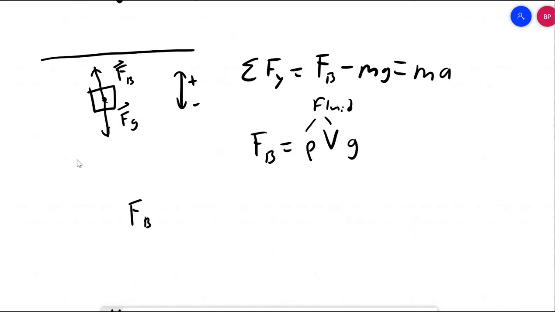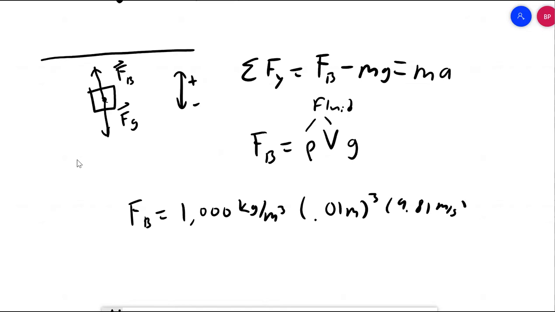So our buoyant force then is our density of our fluid times the volume of our fluid displaced, which is the same as the volume of our cube, times the acceleration due to gravity. So this thing is what?